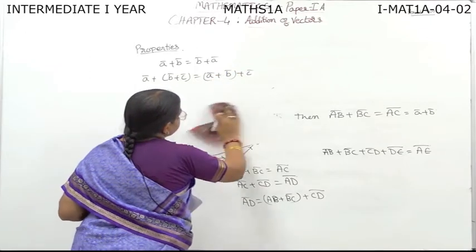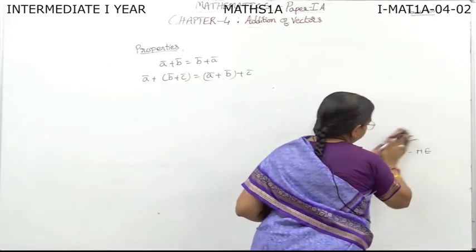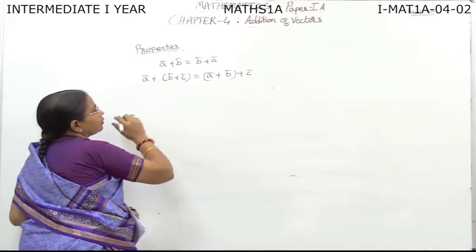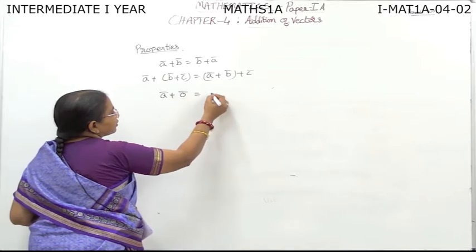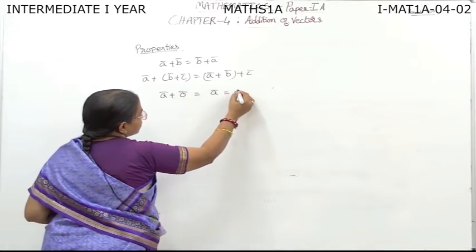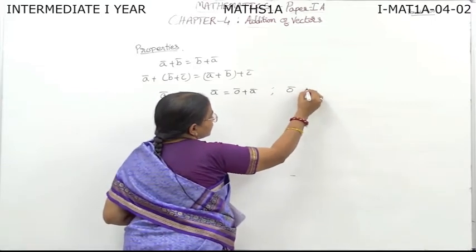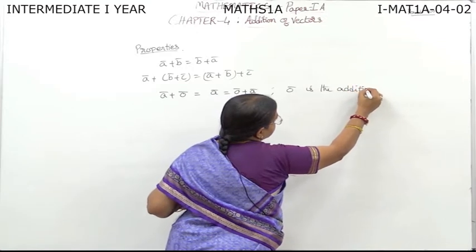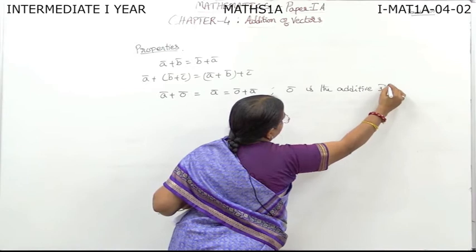So they satisfy the commutative property and also the associative property. When you add the zero vector to any vector A, you get the vector A. So the zero vector is the additive identity.